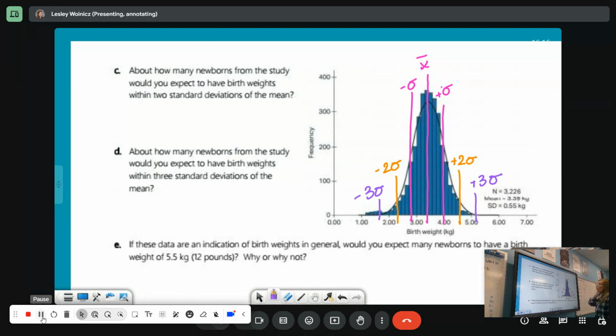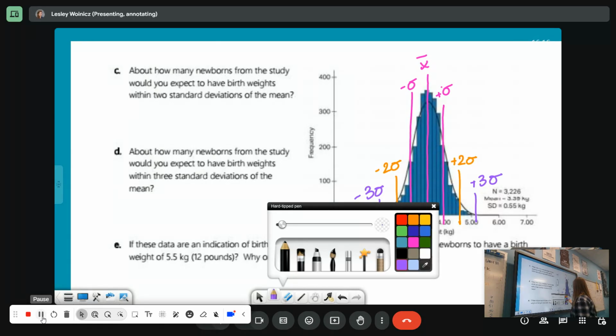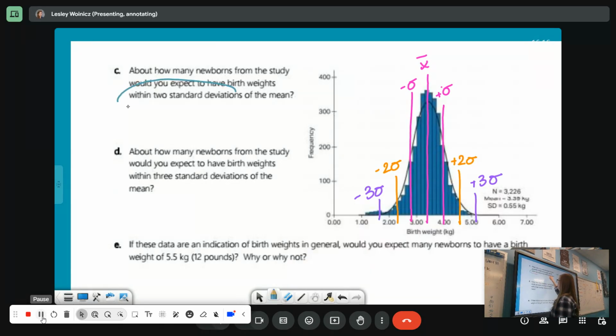Okay. So, within 2 standard deviations of the mean, using our empirical rule, that is 95% of our data, our babies, our baby weights. So we would do 0.95 times our, how many babies? Is it 3226?